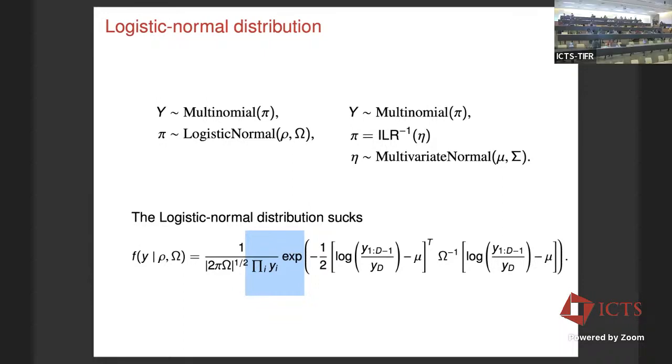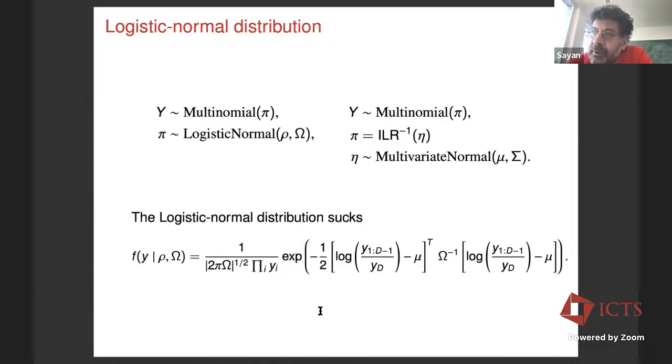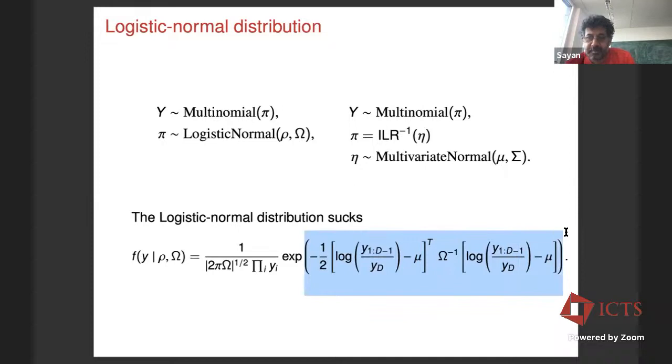Actually, I didn't understand what the argument of the log, Y from 1 to d minus 1 divided by Y of d, where does that come from? So what you're doing is you have a simplex, right? You normalize, take the log, and make it a normal. And that's what this part is doing. Okay, that's fine.